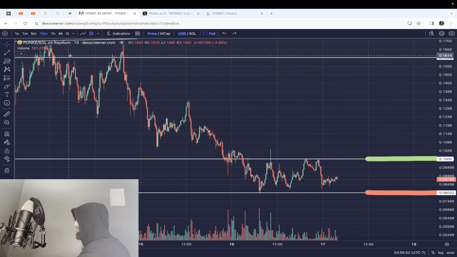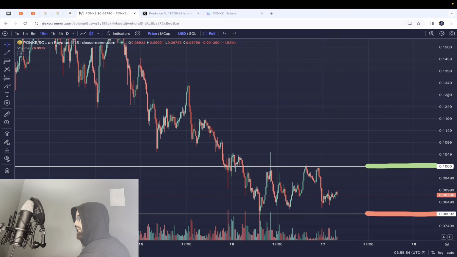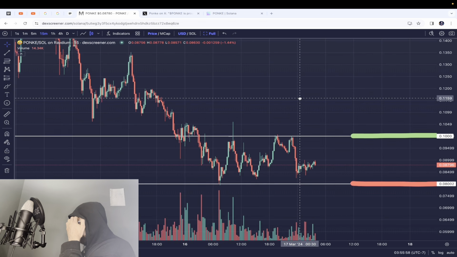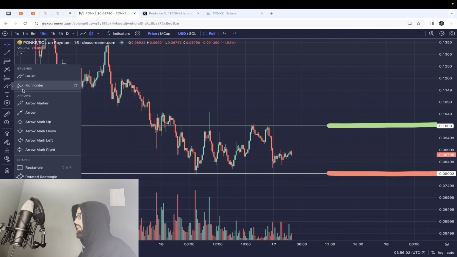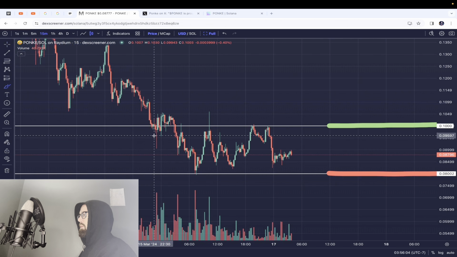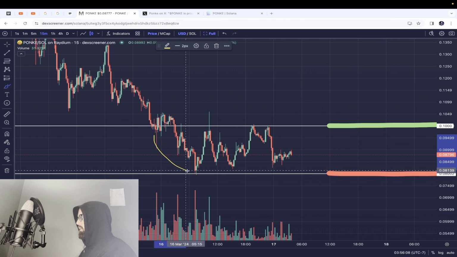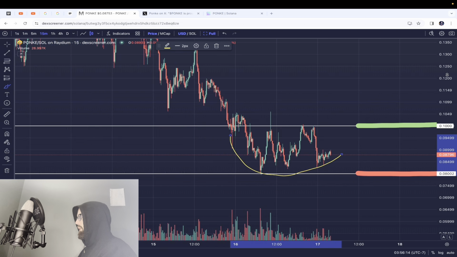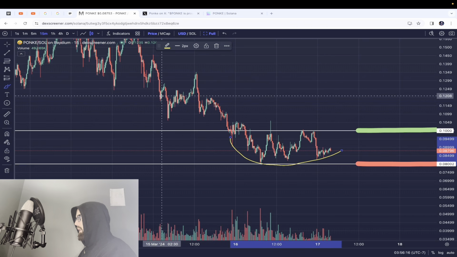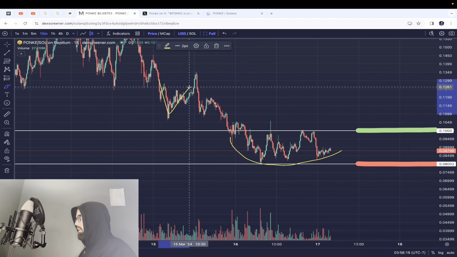Now, what I like to see is more of, the way you'll know that it's a local bottom, it's more rounded, all right? And this is not the most perfect example, I'm well aware of that, but check this out. All right, so that's different than this, how it's more jagged, right?